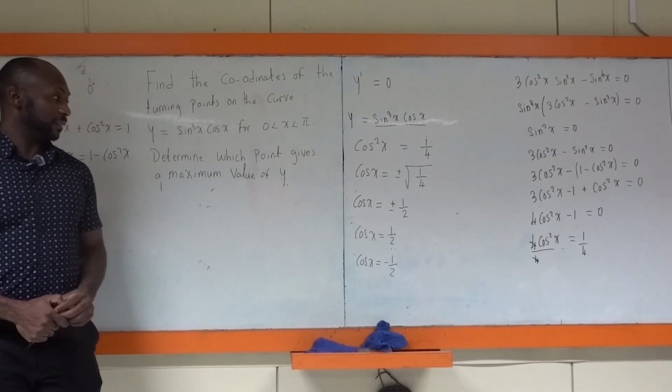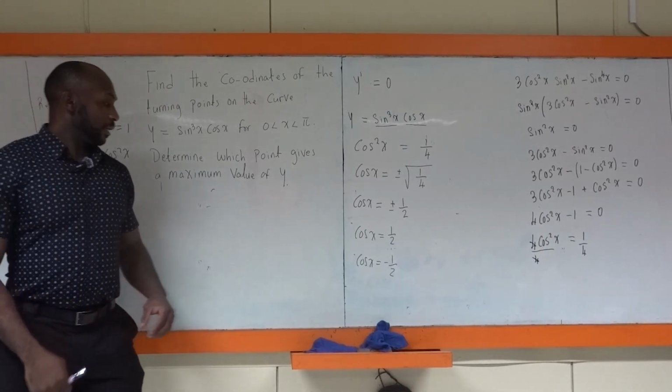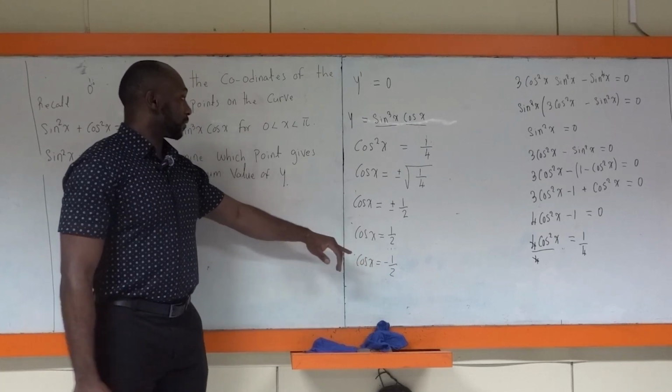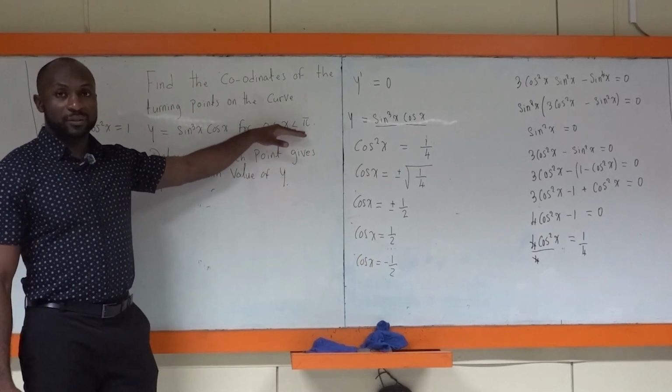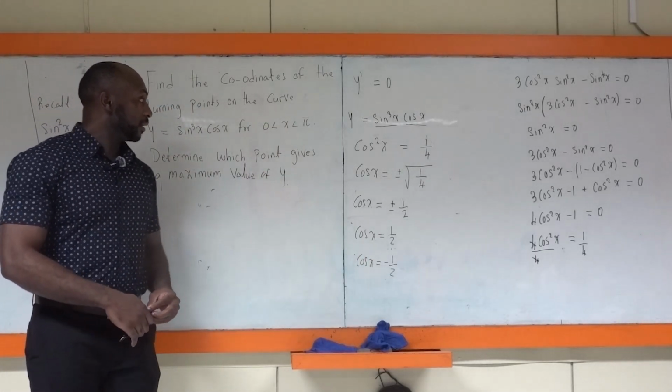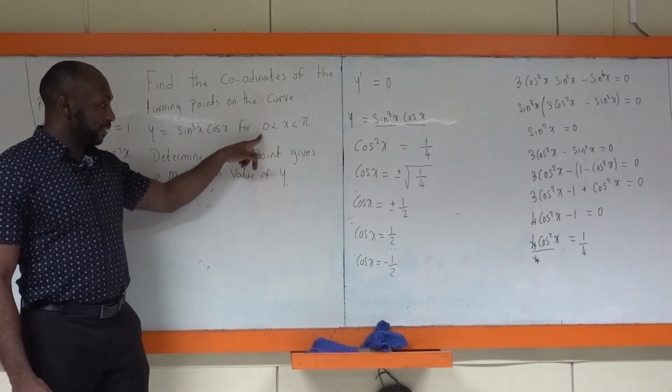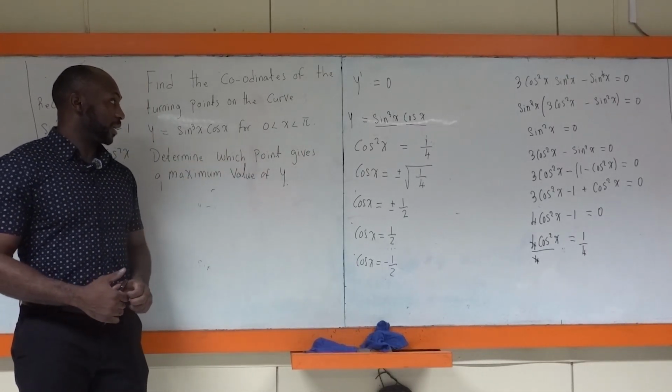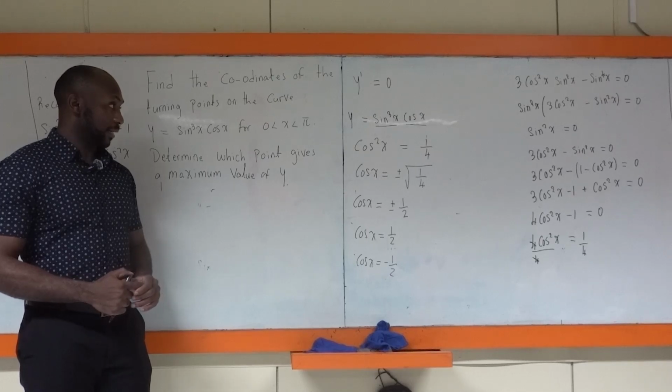Now we want to find the values of x. If I want to find the values of x, I have to take into consideration this particular domain. So x must be more than 0, and x must be less than pi.